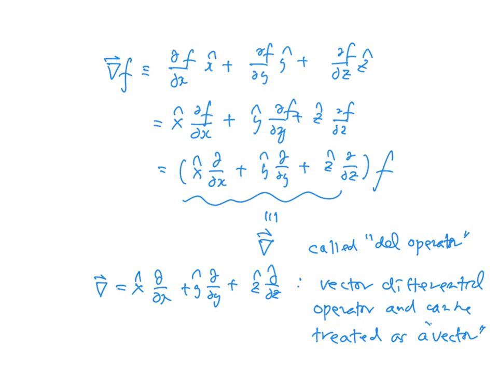Very interesting, right? So that operator, which is also a vector, can be treated as a vector, and it has many interesting properties if you study differential geometry. But for now, let's just accept this as a vector. It can be treated as a vector.